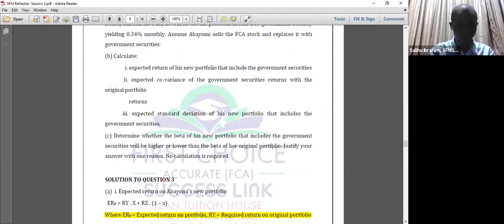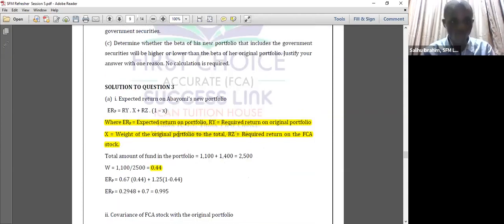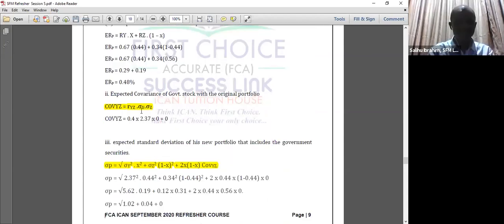This is the solution. Covariance YZ is equal to 0.4 times standard deviation of the original portfolio, multiplied by standard deviation of the FCA stock.